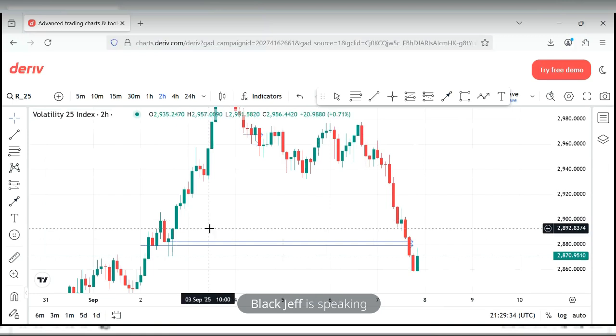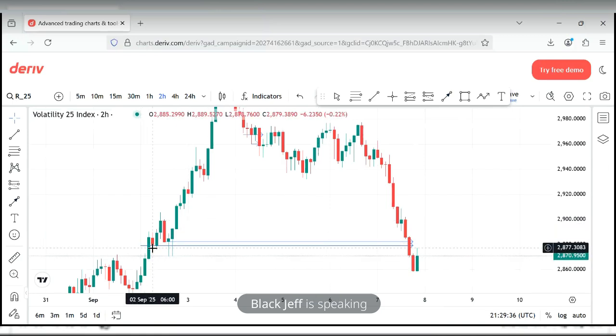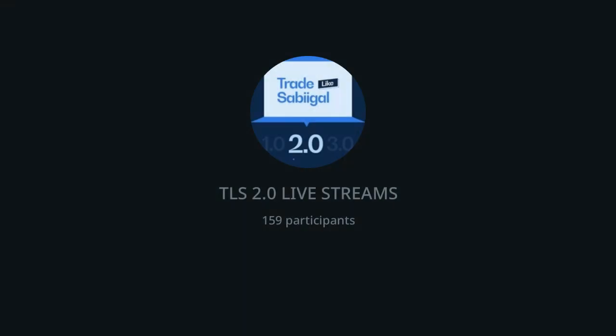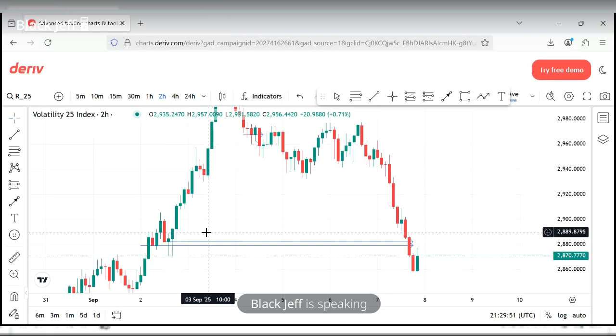So we have two key levels here. This one here and this one here. And you may want to ask, Black Gem, these two key levels are close to each other. Which of these two key levels should I take?